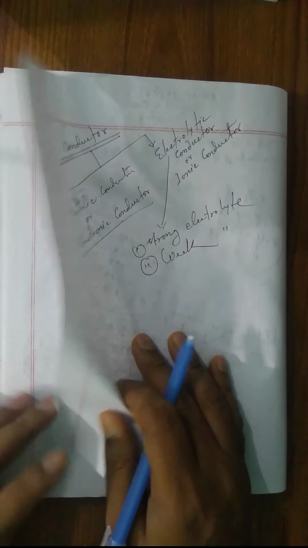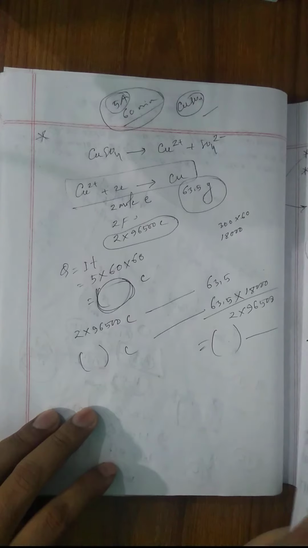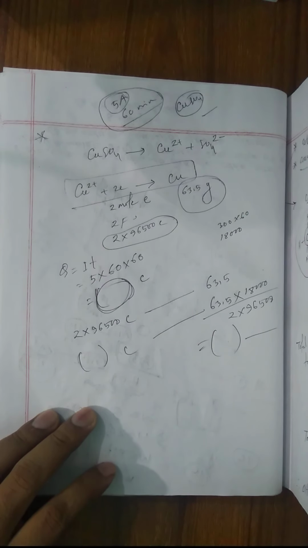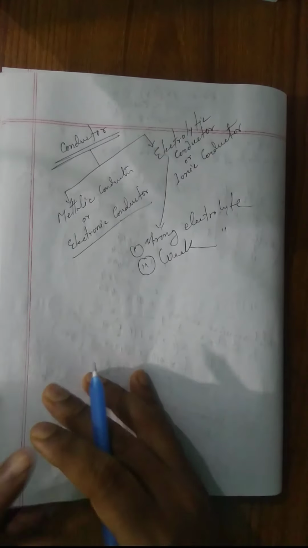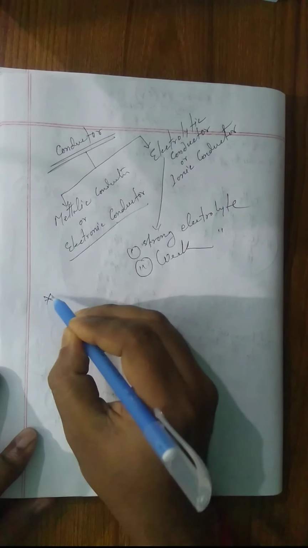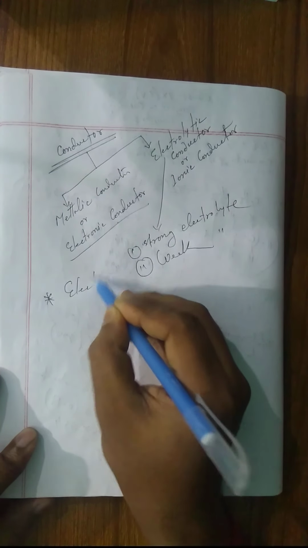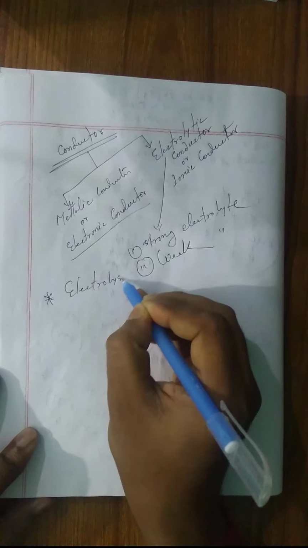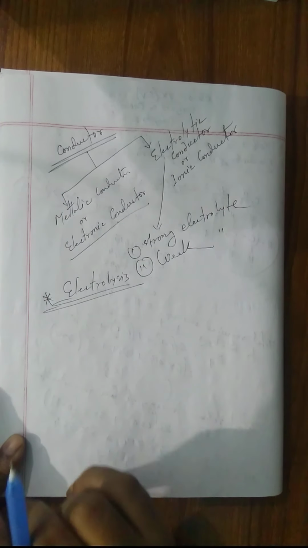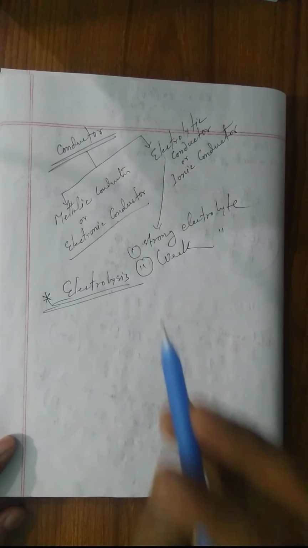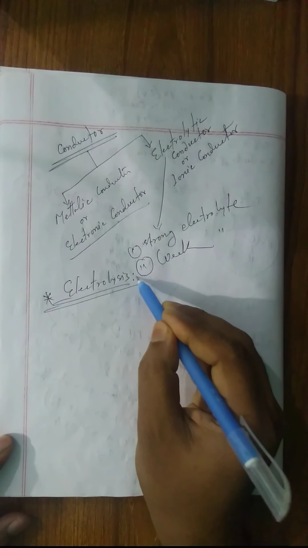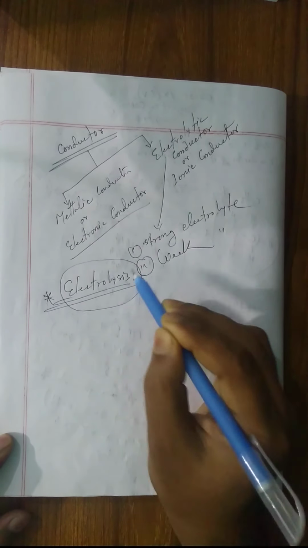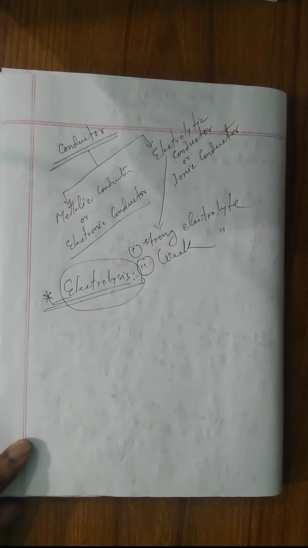And this is the elaborative discussion of conductor. So next term, electrolysis. We have to know some terms to understand the electrolysis term.